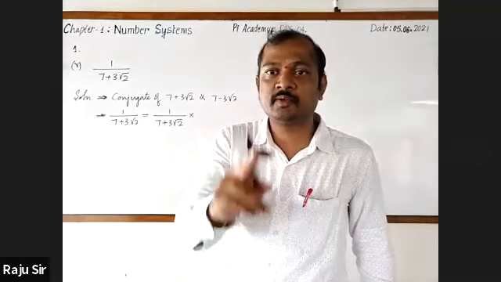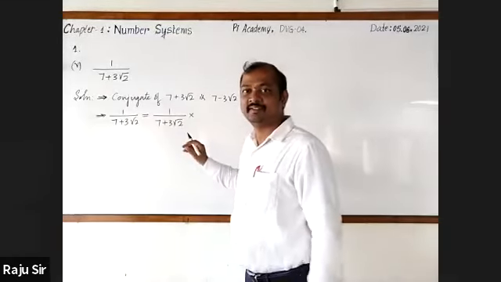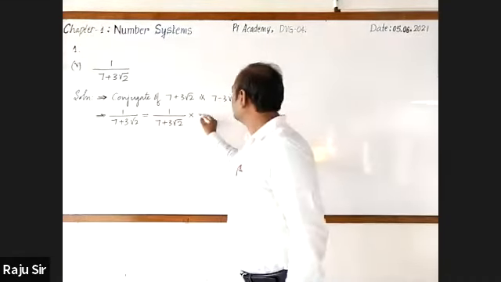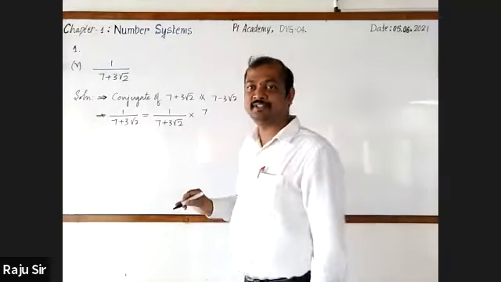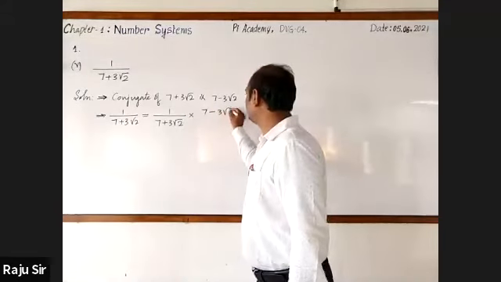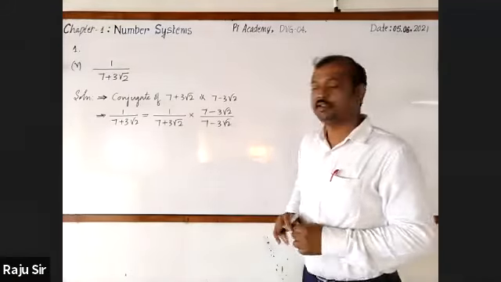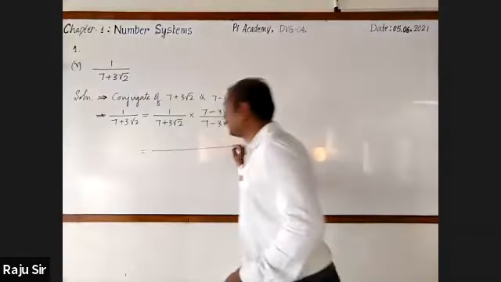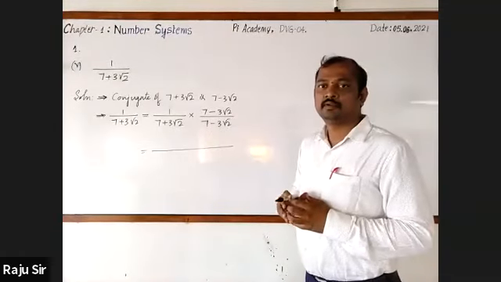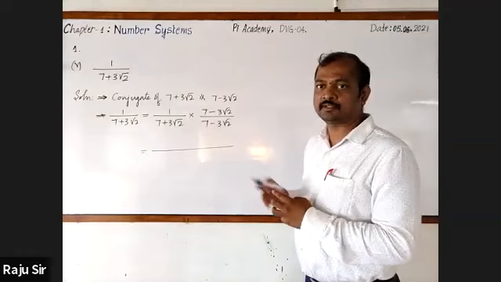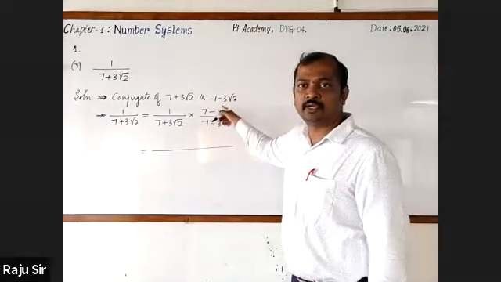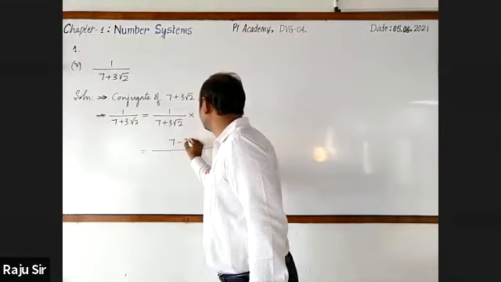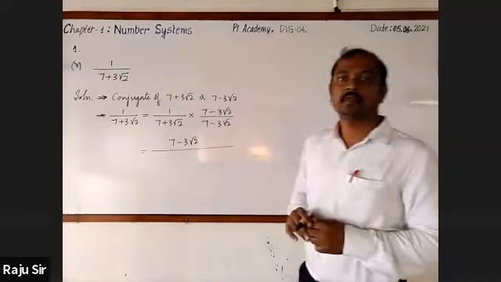Good boy. You have followed my instruction from yesterday. I appreciate it. Yes. Multiply by 7 minus 3 into root 2 by 7 minus 3 into root 2. Next, this is equal to, please go on writing with me. I won't give you separate time for copying this. 1 into the numerator term as it is, that is 7 minus 3 into root 2.